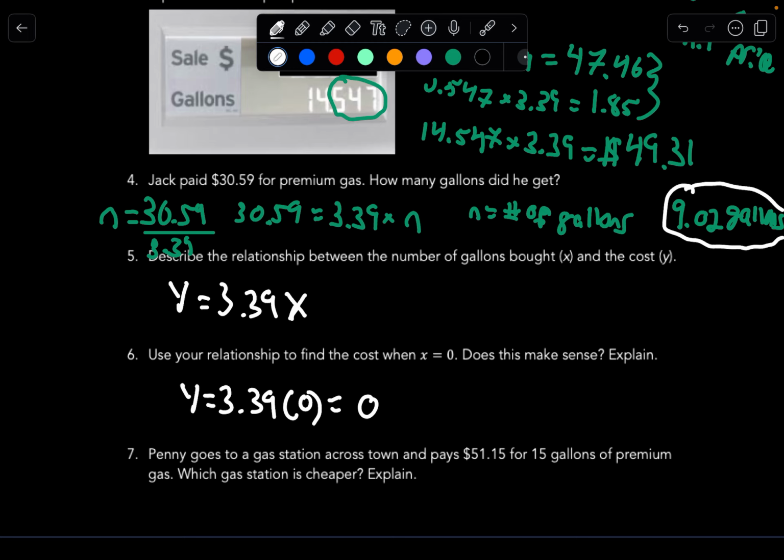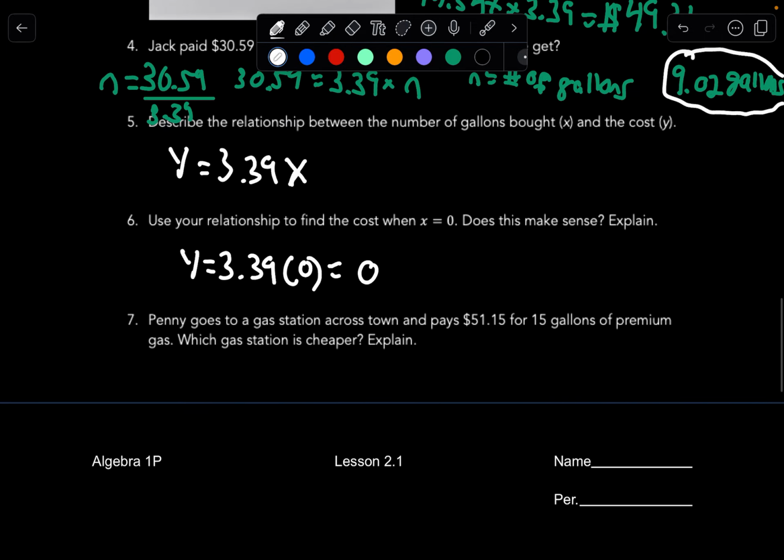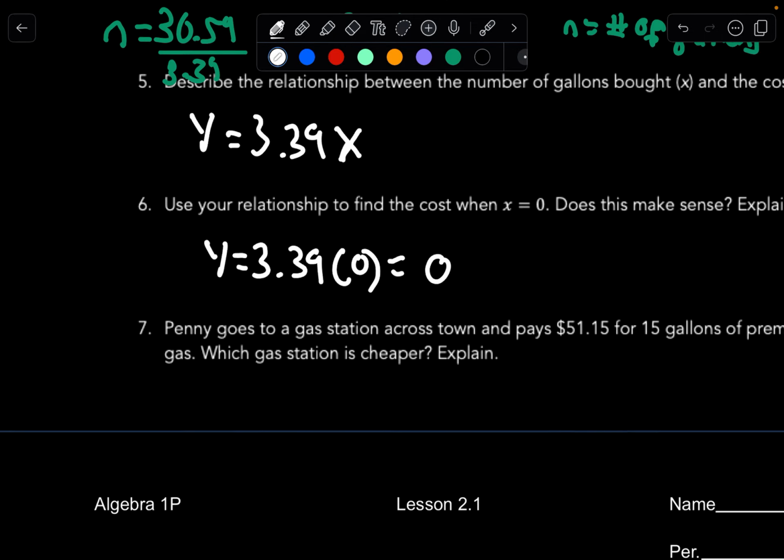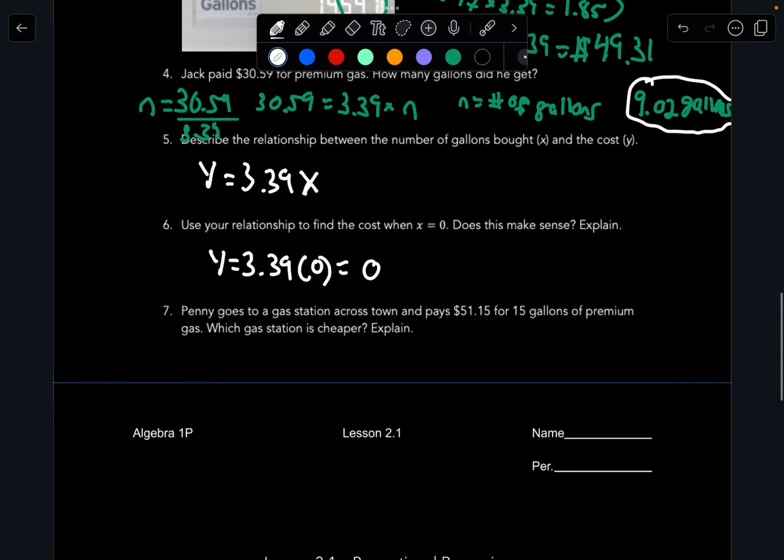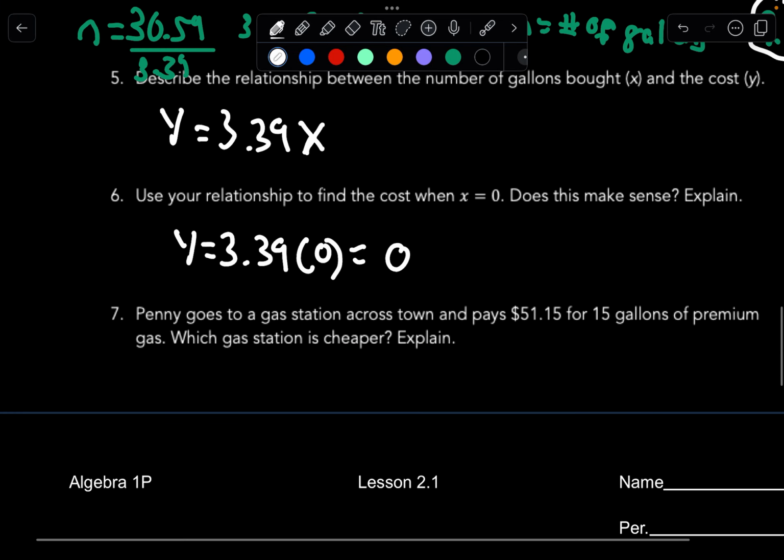Now, Penny goes to a gas station across town and pays $51.15 for 15 gallons of premium gas. Which gas is cheaper? It depends on how you define what cheaper is. I would really base it off of the price per gallon, which is what most of us do.